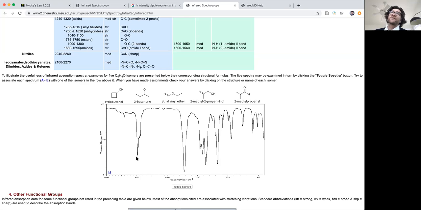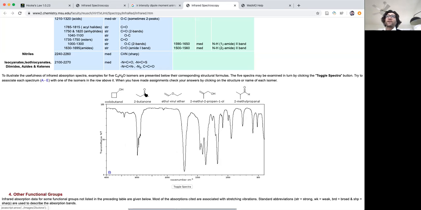So, sorry, to the left of 3000, it looks like we don't have any unsaturated sp2 or sp CH bonds, which makes sense because 2-butanone doesn't have any. It only has sp3 carbons. The other thing we should find is the carbon-oxygen double bond stretch, which is a very strong stretch around 1700. And here it is.